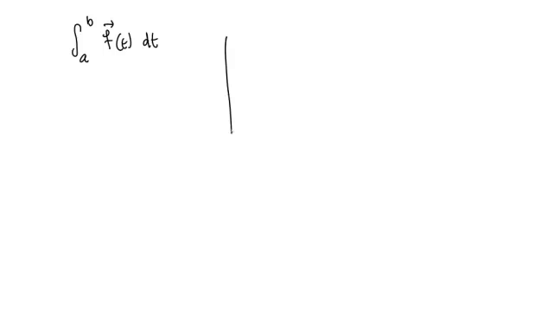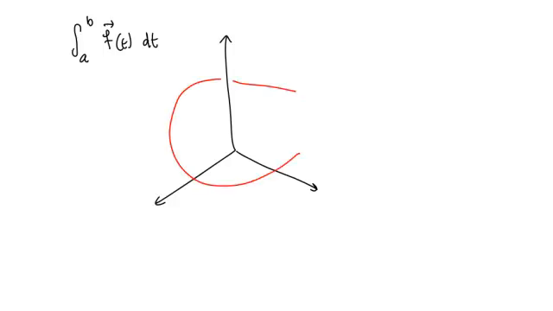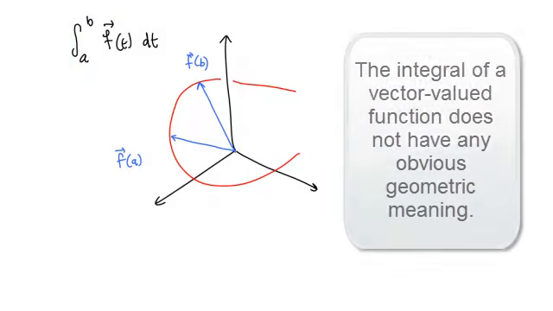If you happen to have a curve floating around in three-dimensional space, say this curve right here, and you gave me time equals a, so there's this point right here, there's the vector at time equals a, and then you gave me time equals b, then this integral, the integral from time a to time b of f of t dt, it wasn't the area underneath the curve, because the area underneath the curve would be a number, and this integral is always a vector. In fact, I couldn't give you any reason or any geometric intuition for this at all.